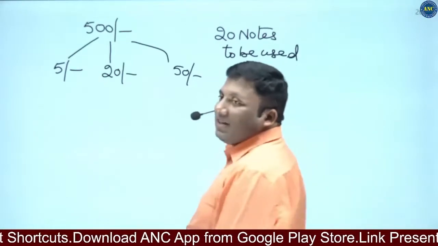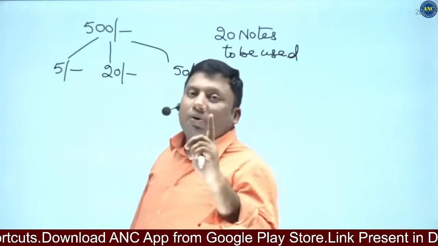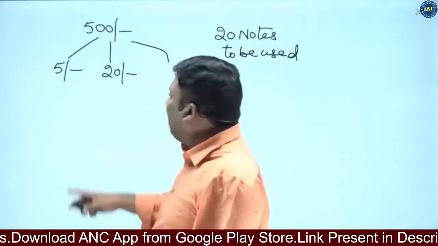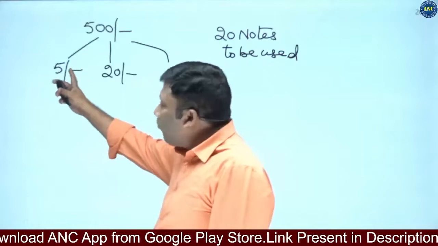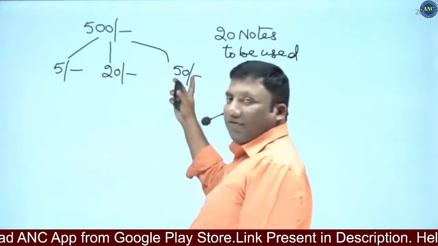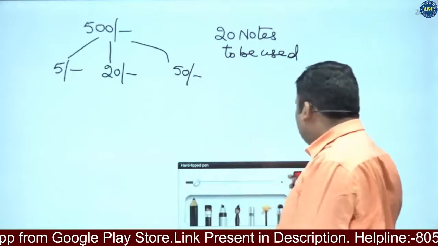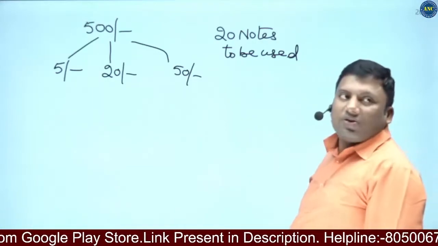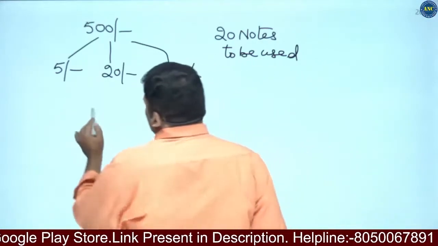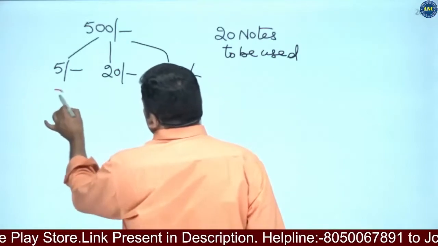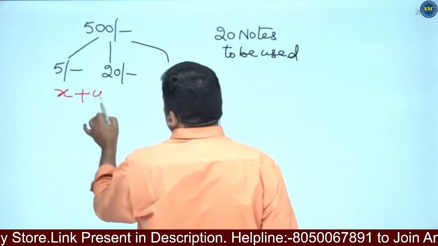In how many ways can I give 500 rupees using currency in the denomination of 5 rupees, 20 rupees and 50 rupees? That too, exactly 20 notes need to be used. So let me take x plus y plus z.